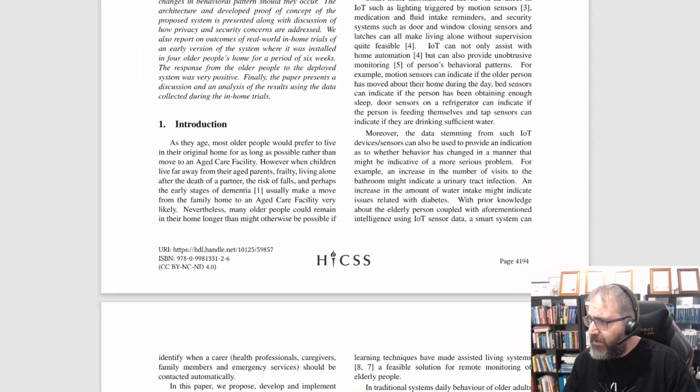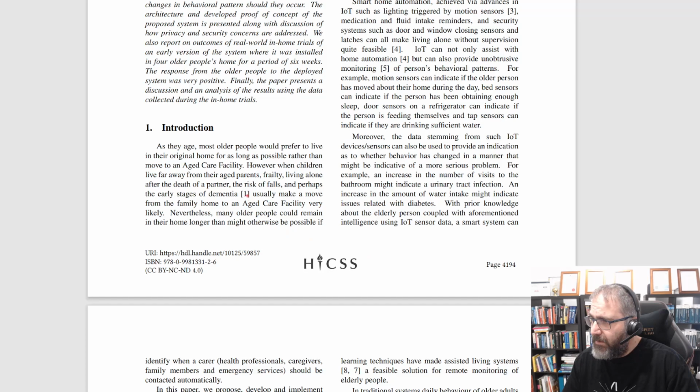So this introduction is actually giving us the risks of falls, dementia. So we've got aged members here. So the risk is that we're going to have the elderly hurting themselves. So these are physical risks.